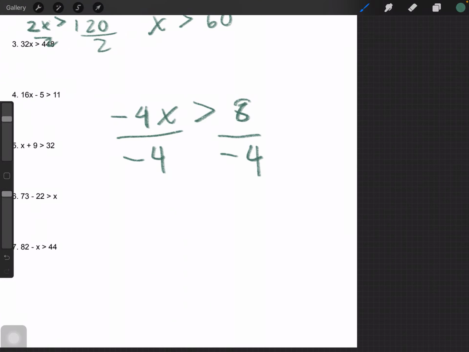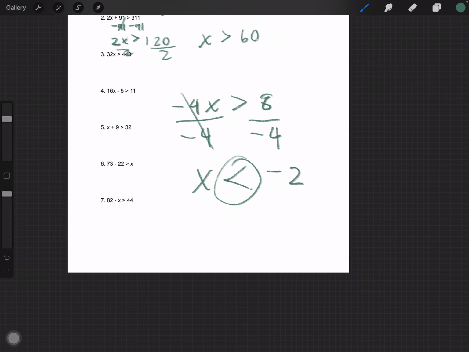Well, the issue with this is that when you divide or multiply by a negative sign, you have to switch the sign of the side. For example, this one would equal x is less than negative 2. All you have to do is switch the sign, but you always have to remember that whenever you divide or multiply by a negative on both sides of an inequality, the sign changes.